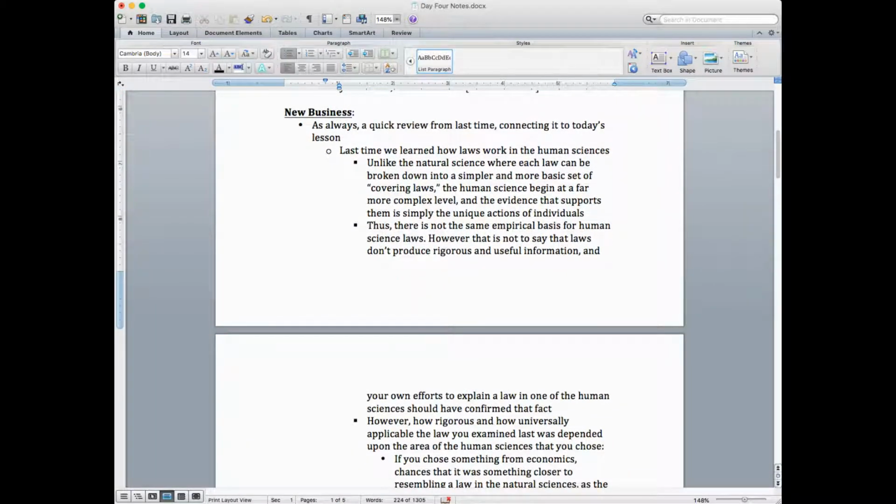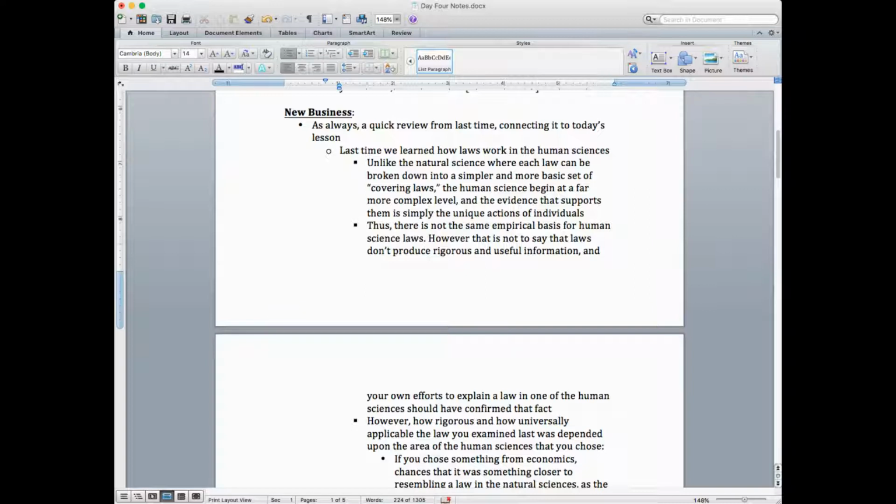And again, we'll start with reviewing from last time. Last time we learned how laws work in the human sciences. And unlike natural science, where each law can be broken down into a simpler and more basic set of covering laws, the human sciences begin at a far more complex level, and the evidence that supports them is simply the unique actions of each individual.